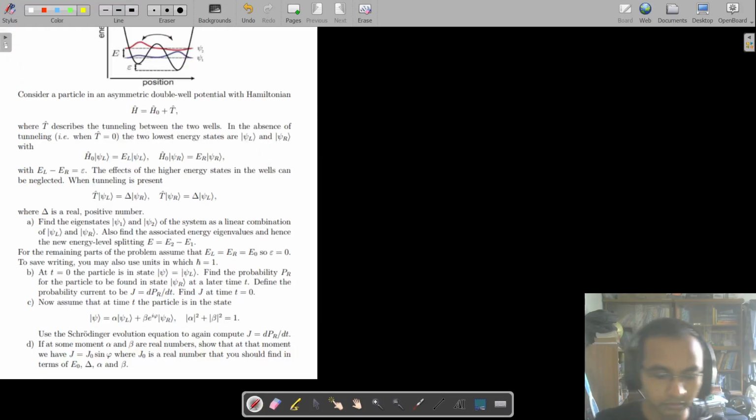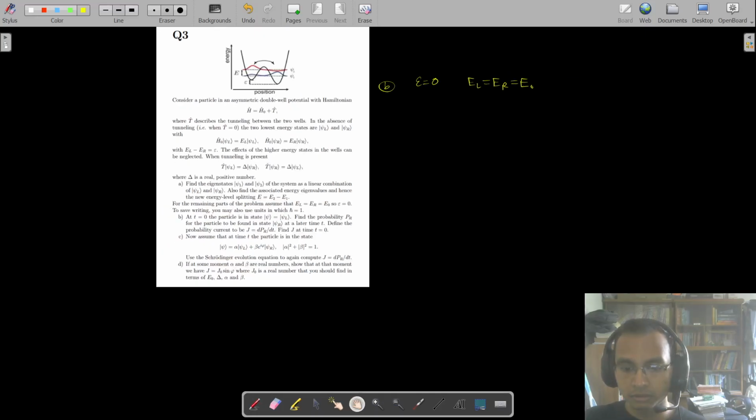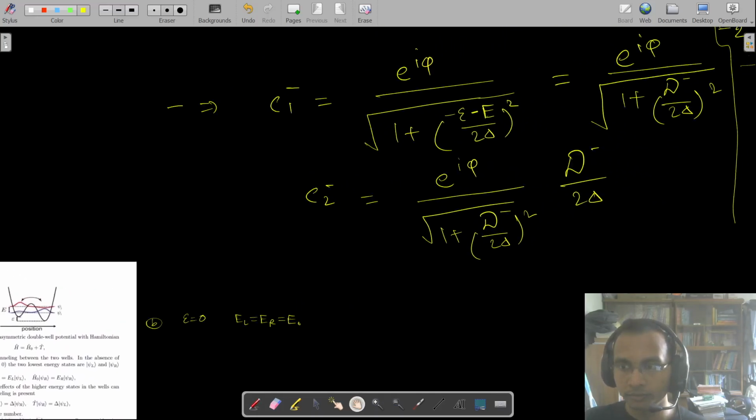Let's now move to question B. So we are told to take epsilon to be 0. So that would imply EL is ER, equal to E naught. So what that means is, let's move to the coefficients.